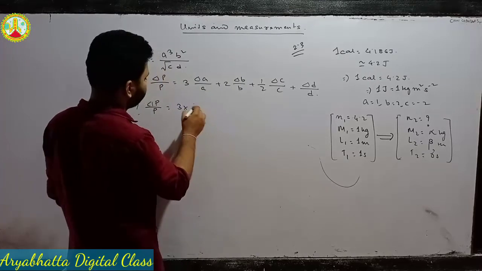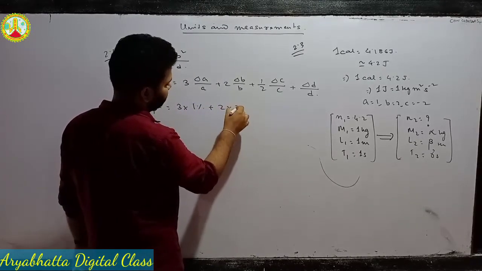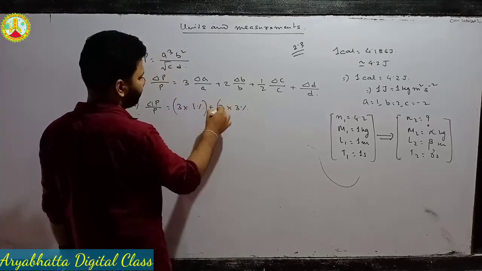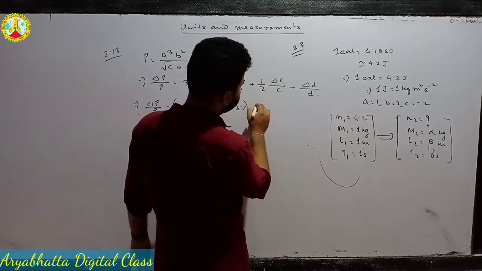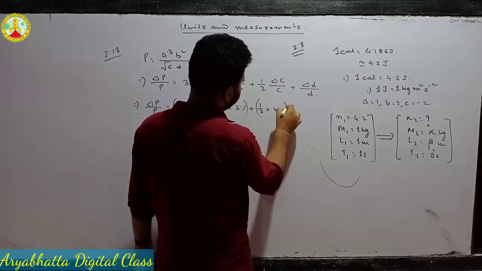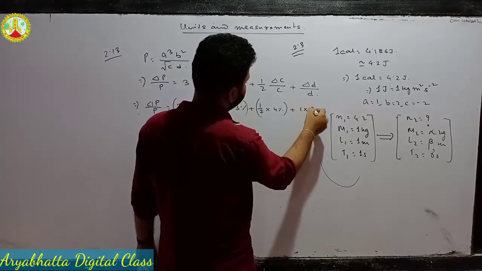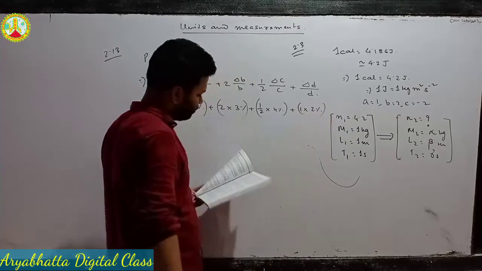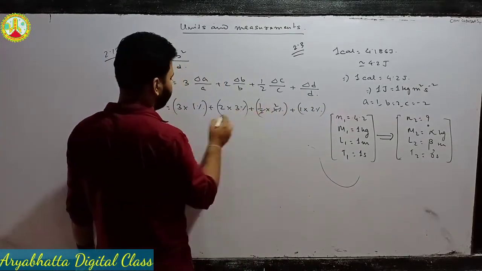So this is 1%, this is 3%, and this is 4%, and this is 2%.